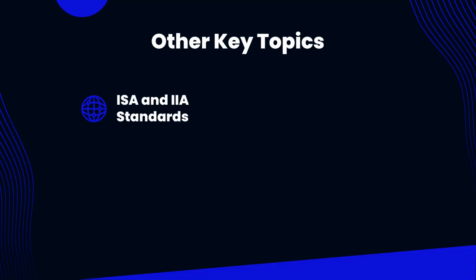Okay, so these are a set of professional standards issued by the IAASB. The purpose of ISA is to provide guidance and a framework for auditors while conducting the audit of financial statements.